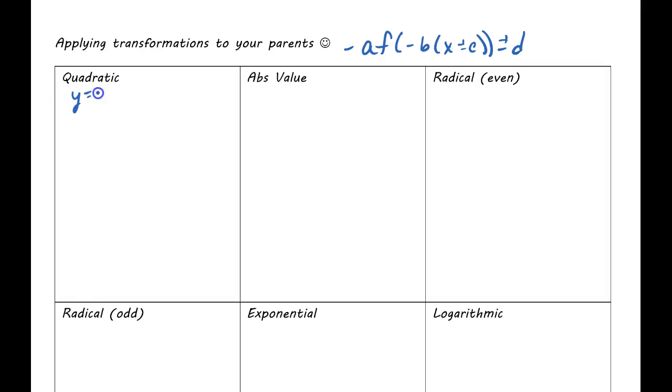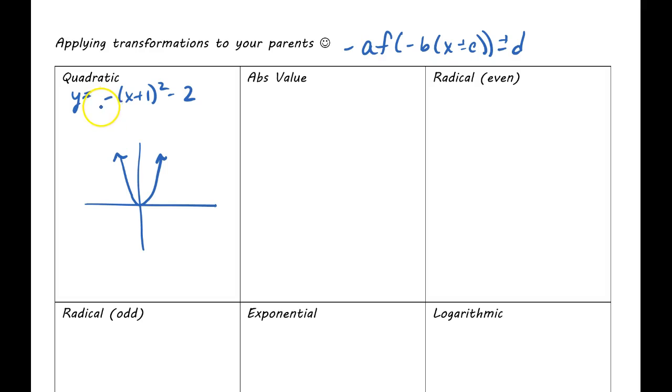So for instance, if somebody gives me negative (x plus 1) squared minus 2, something like that, I would start by identifying my parent function, which is a quadratic because there's a squared there, and I sketch it, okay? Then I just go through my transformations.